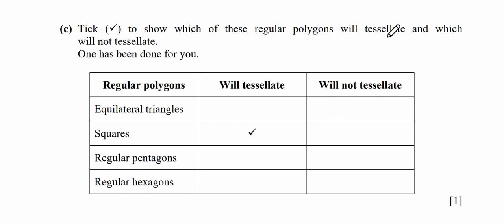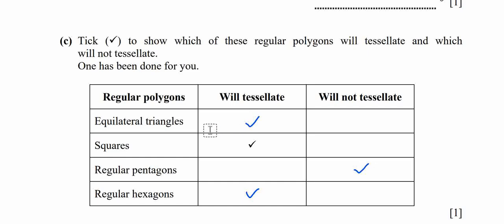10 seconds from now. 10, 9, 8, 7, 6, 5, 4, 3, 2, 1. Alright, let's open up the answer. Well, the answer is equilateral triangles and hexagons will tessellate, while regular pentagons will not tessellate. How does it work?